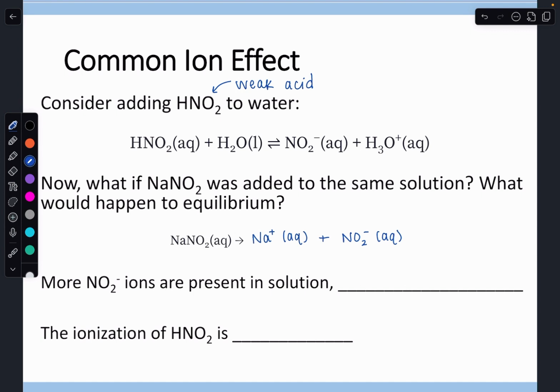Na plus is a spectator ion. NO2 minus is the conjugate base of HNO2. We saw NO2 minus right up here. And so with more NO2 minus ions present in solution, if we're adding NO2 minus, we're increasing the amount of those ions, the equilibrium would shift left. This is Le Chatelier's principle.